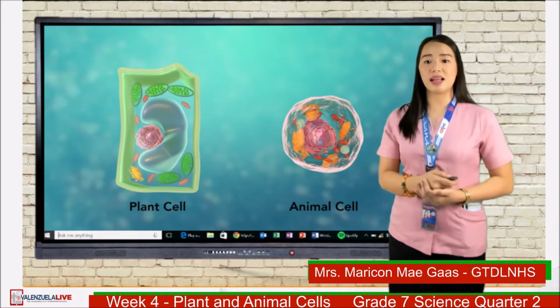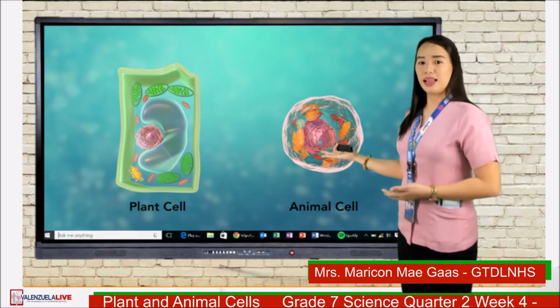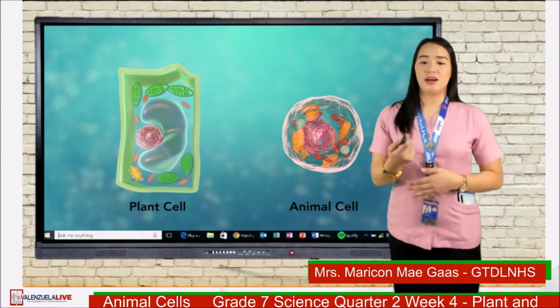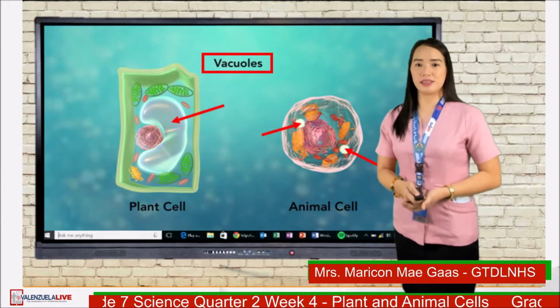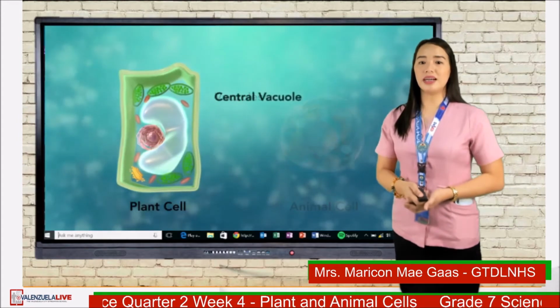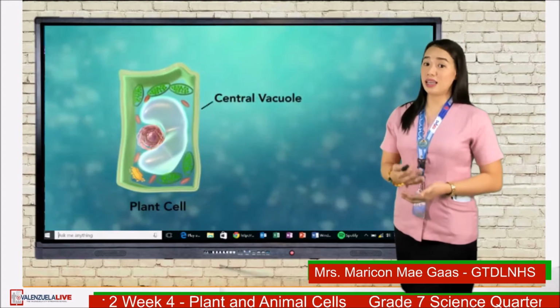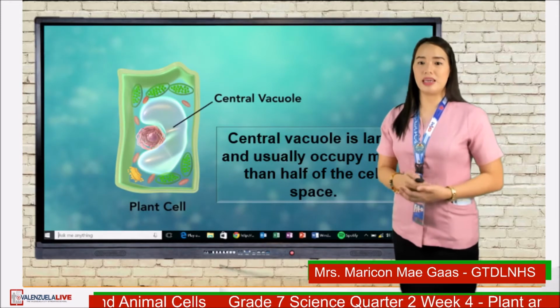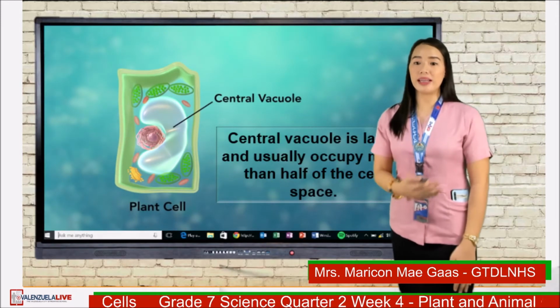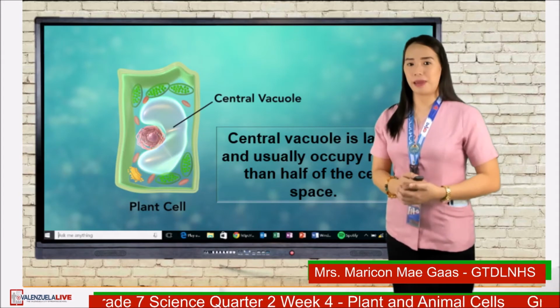Vacuoles are sac-like structures that store different materials. Here in this plant cell, the central vacuole is large and usually occupies more than half of the cell space.